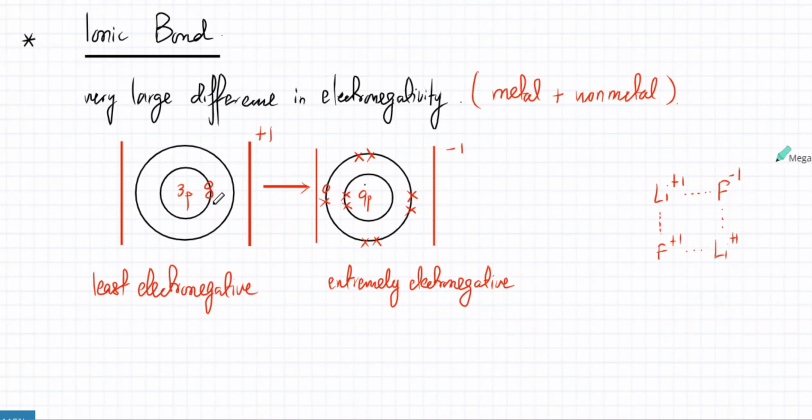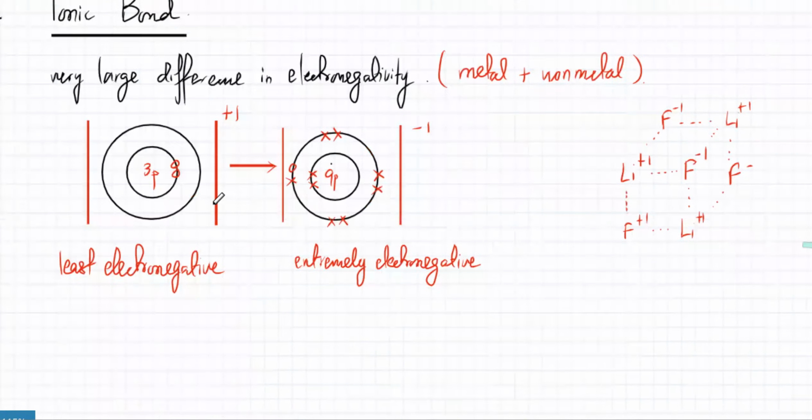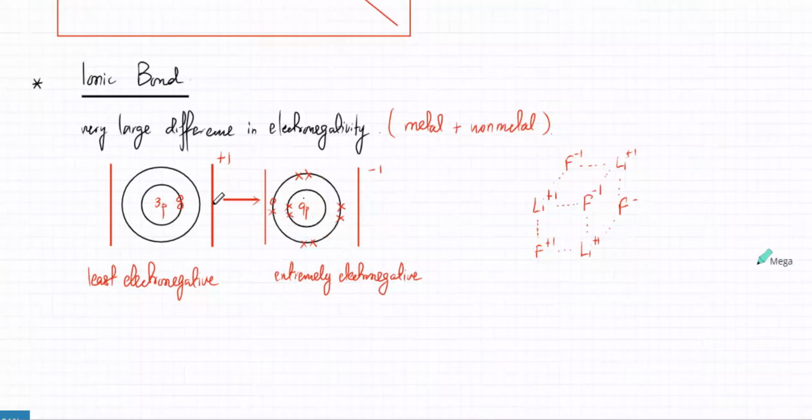And there's going to be an endless structure. Okay, from all directions, you will have lithium +1 attracting fluorine -1, fluorine -1 attracting lithium +1. And it will continue endlessly, which is why it's going to be a very giant structure. And this is known as a giant ionic lattice.